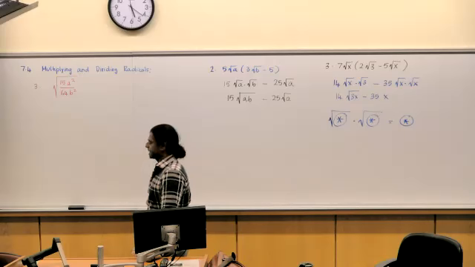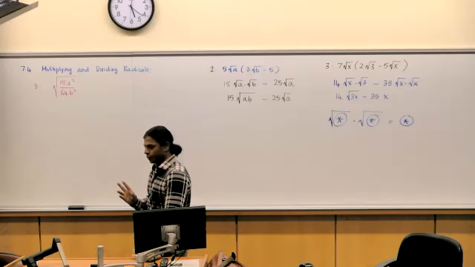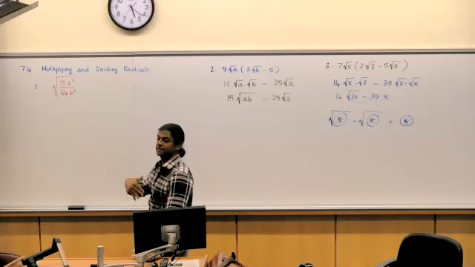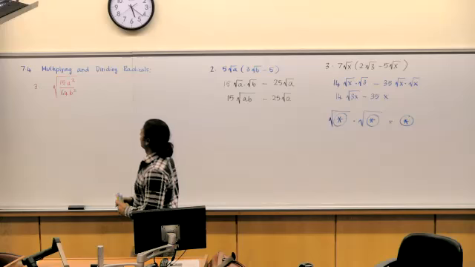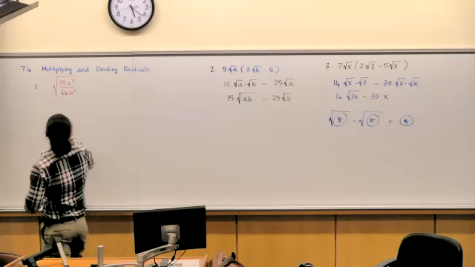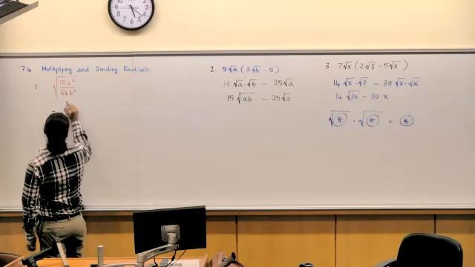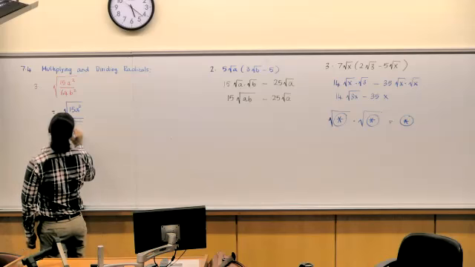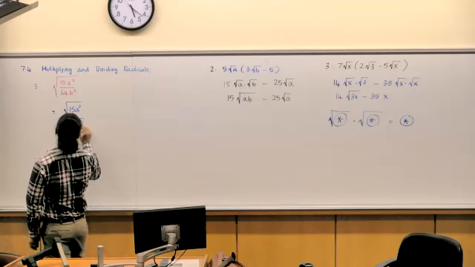Just like multiplication, when you divide, we can split the numerator and the denominator entirely. So I can write this as square root of 15a squared divided by square root of 64b squared.